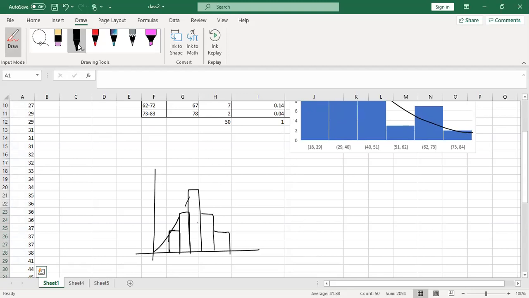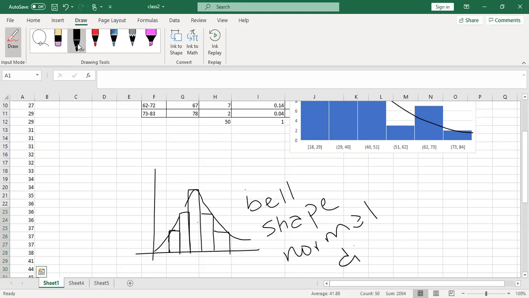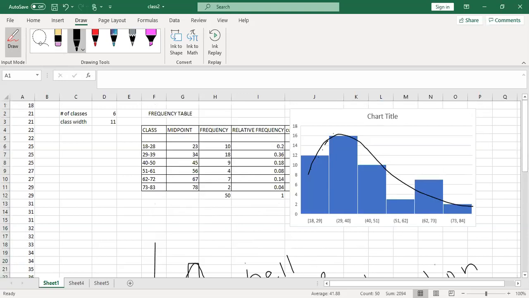If you draw the curve, it looks like a bell shape. Bell shape is also called a normal distribution. But our graph has a tail on the right side, and that is called skewed to the right.